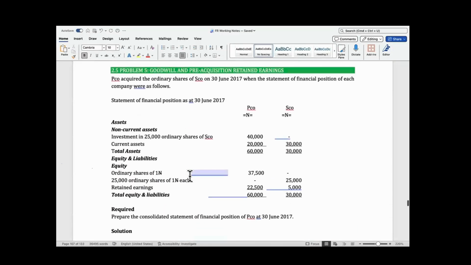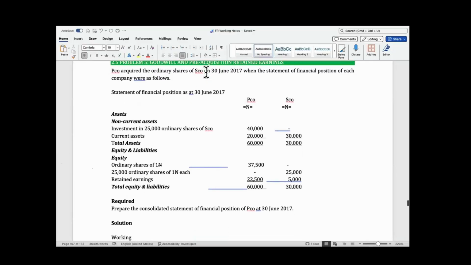Now, we have goodwill and pre-acquisition retained earnings. It says here, Pico acquired the ordinary shares of ESCO on June 2017, when the statements of financial position of each company were as follows.